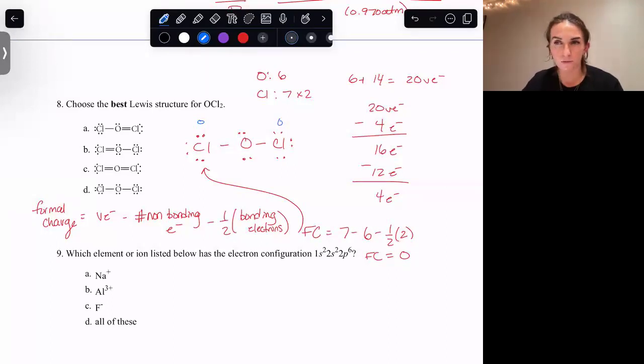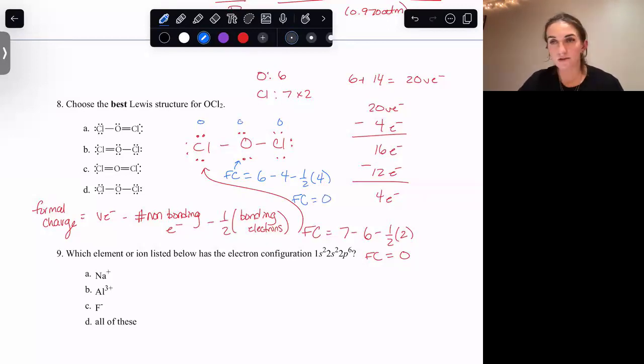And if we solve for the formal charge of oxygen, we have 6 minus the 4 non-bonding electrons minus 1/2 of the 4 bonding electrons from the 2 single bonds. So your formal charge here is also 0.